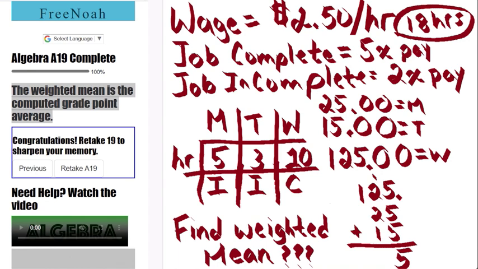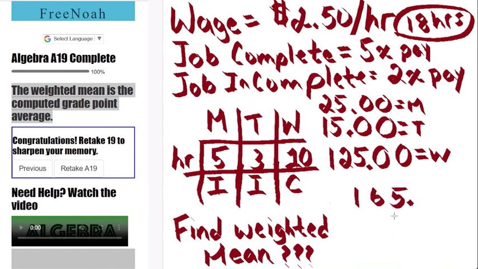Carry over the 1. 1 plus 2 plus 2 plus 1. Well, that'll give us 6. And then we just simply drop down that last one there. So we have $165 for a 3-day work week.